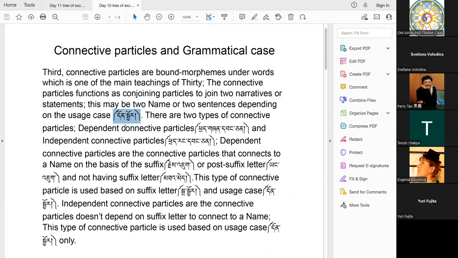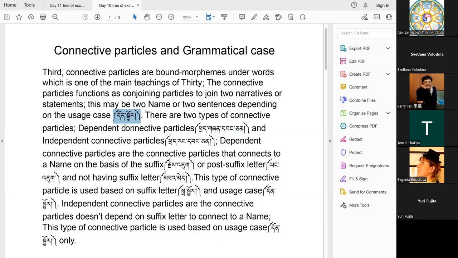Then we will understand that the other term, tajur, can be understood by this classification. So the connective particles are of two types. The first one is the dependent connective particle, shen, other, wang. The influence or the power is, or the dependency on other.